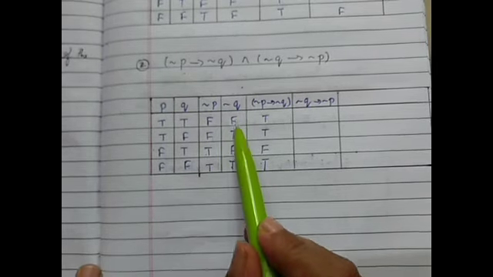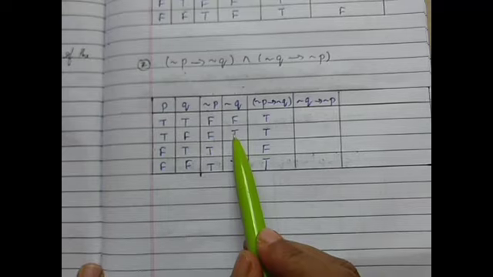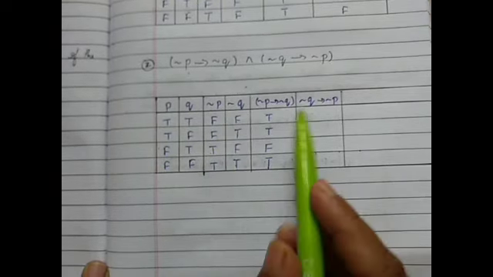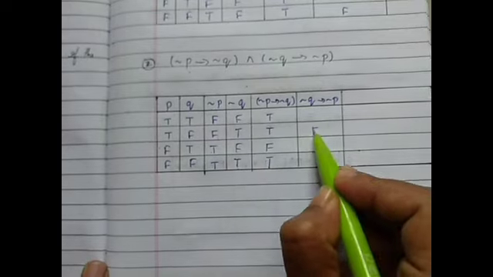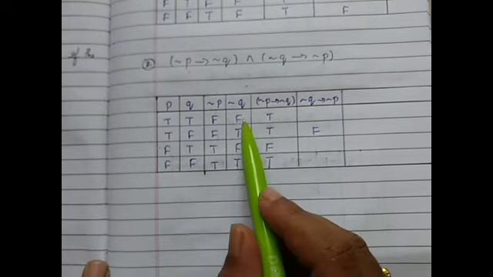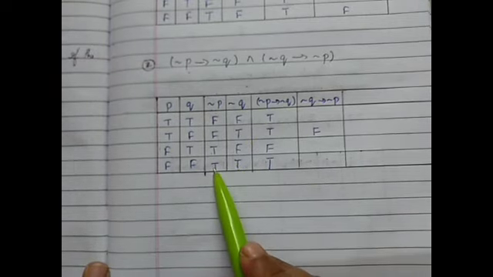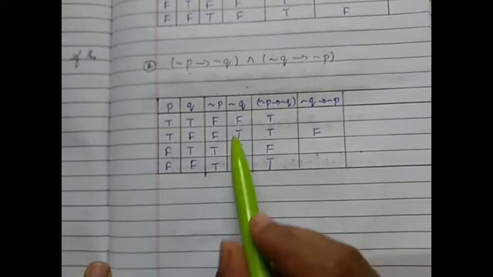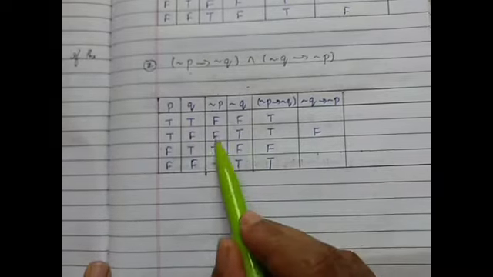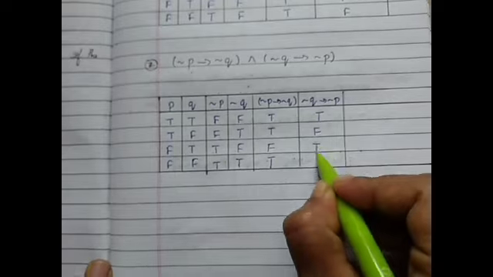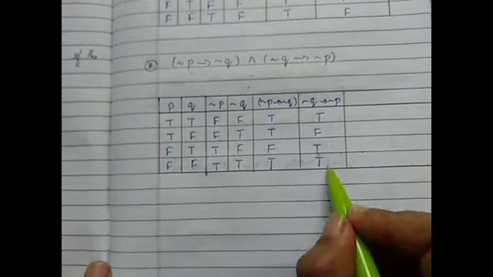So where it is T here, so here we have T, T F we have, so T F is F. We'll see we are having another entries or not. We have here T, but here it is T, so we'll not write F. So we have only one T F F, remaining entries are T. So we have completed this column.